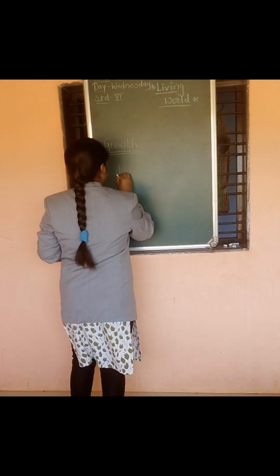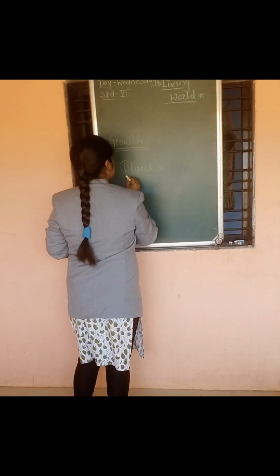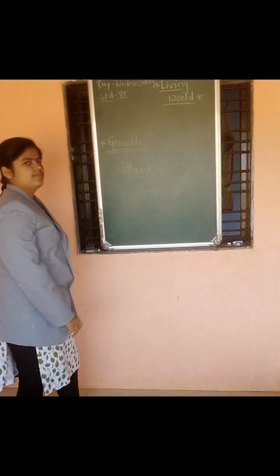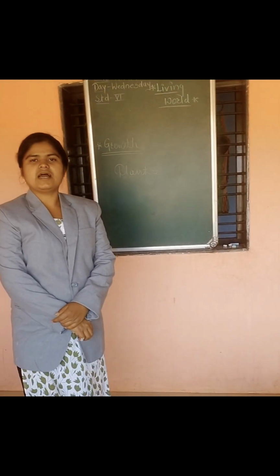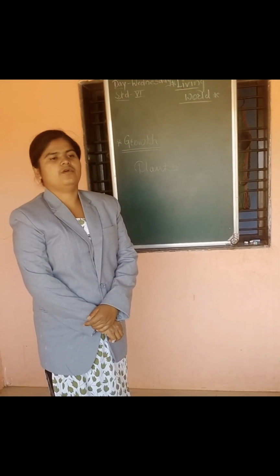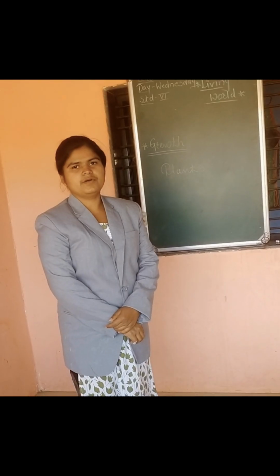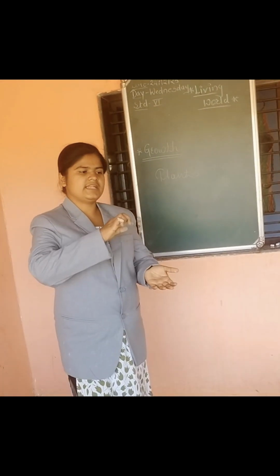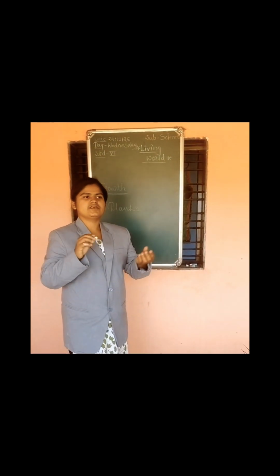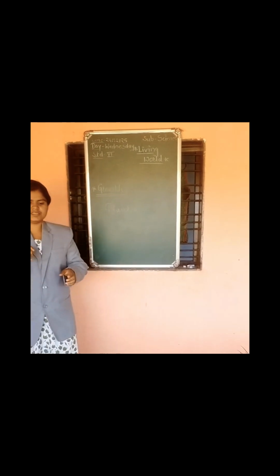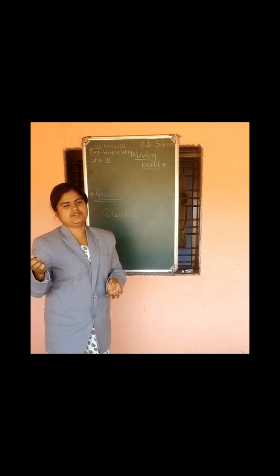Growth is the property which helps to describe a plant as a living thing. And in animals, animals also have the feature of growth. When a baby is born and the child starts to grow, it develops from a baby to an adult person.